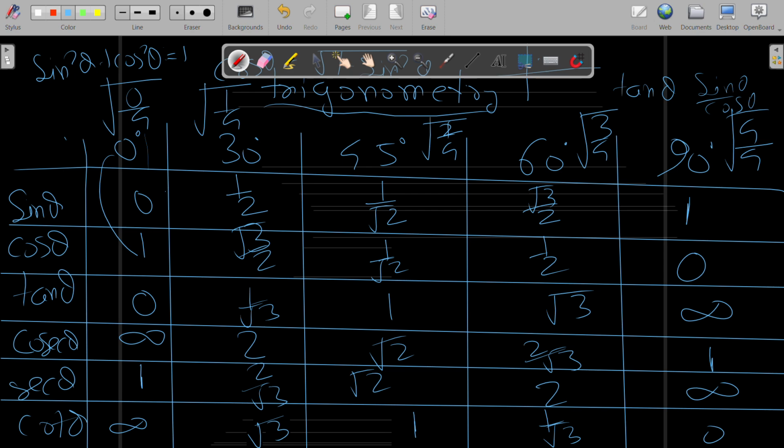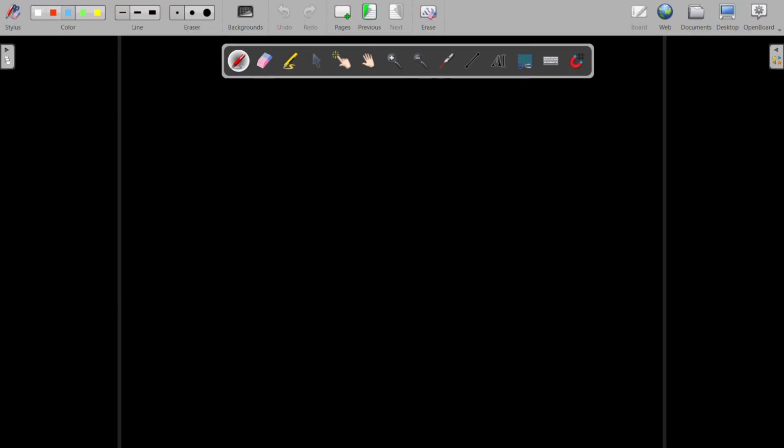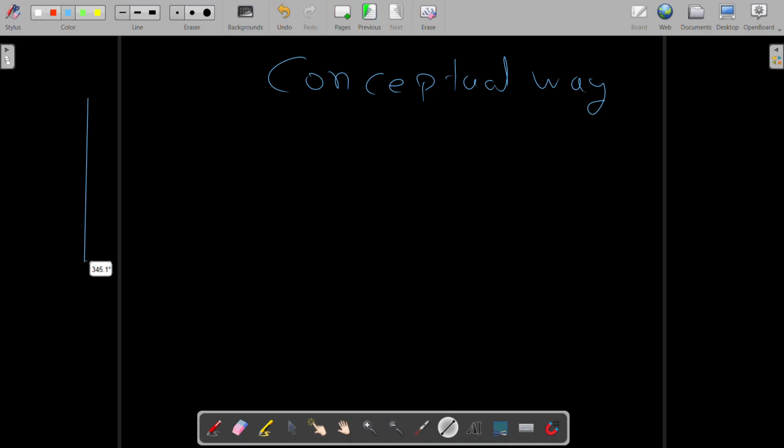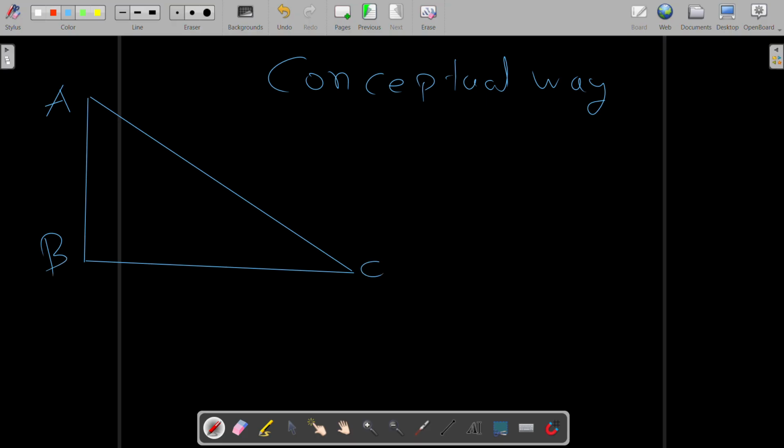Now, if we want to learn the conceptual way, we know that if angle ABC is a right angle triangle, with B as 90 degree, say we are taking the angle theta. So BC becomes the base, AB becomes the perpendicular, and AC becomes the hypotenuse.